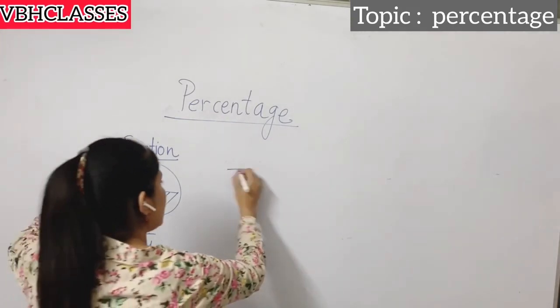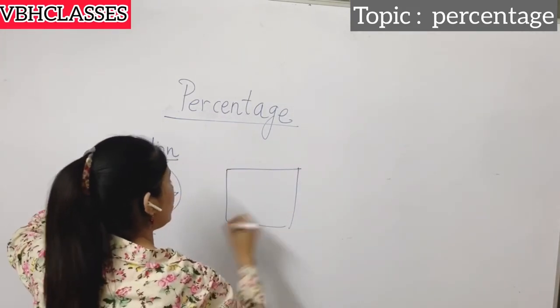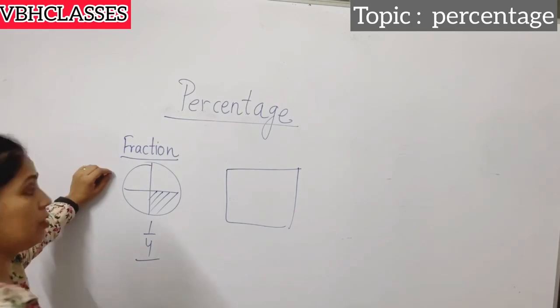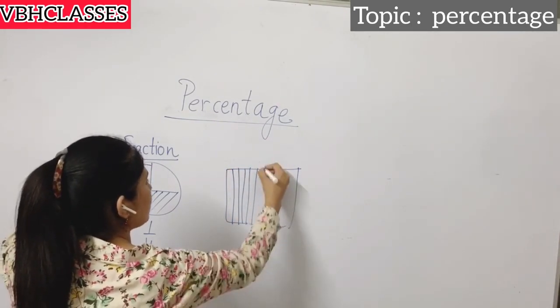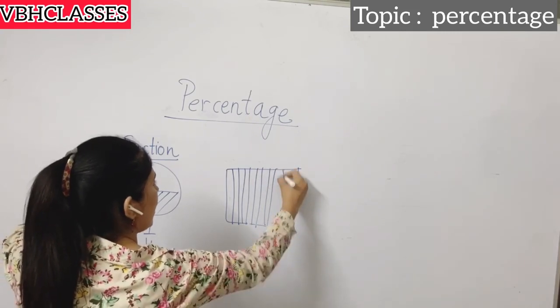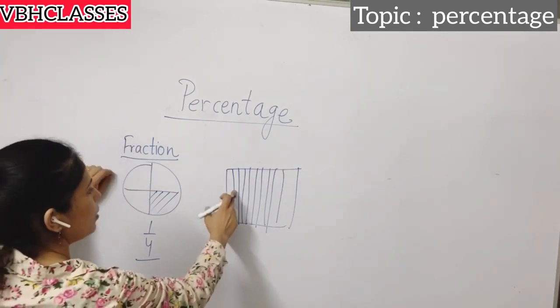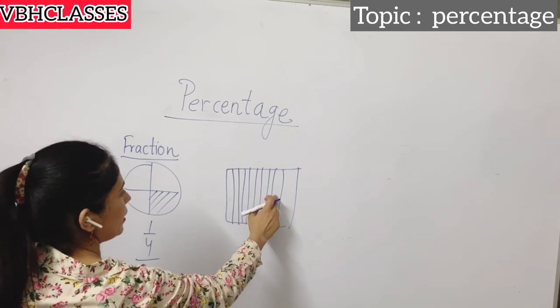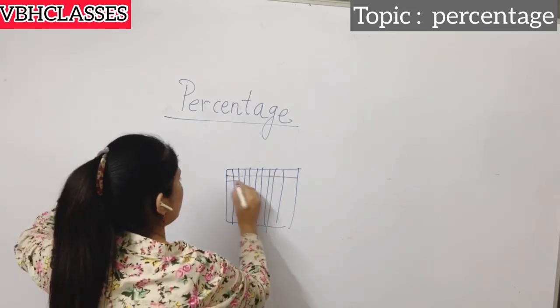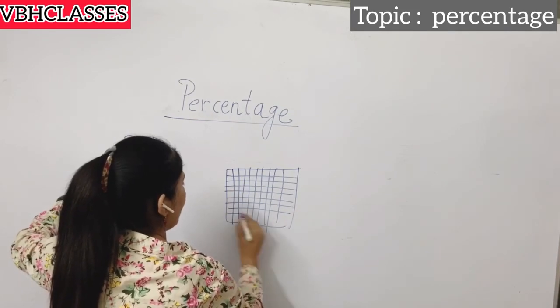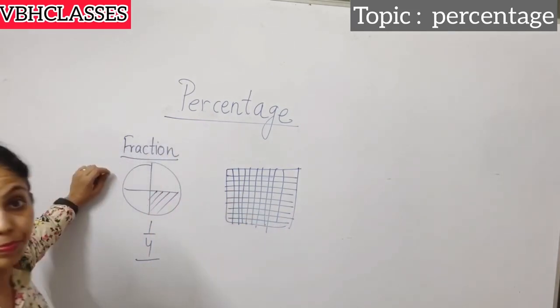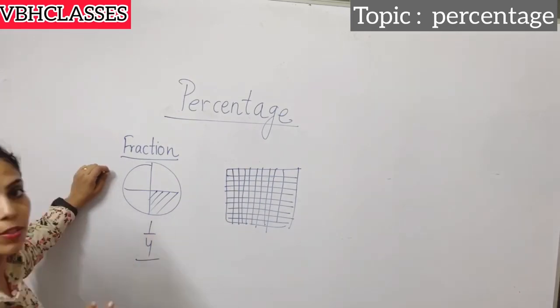So if I divide one square into 100 parts, 1, 2, 3, 4, 5, 6, 7, 8, 9, 10 parts, and here also 10, that means these are the 100 boxes, right?